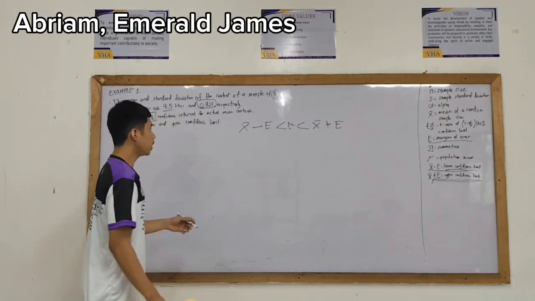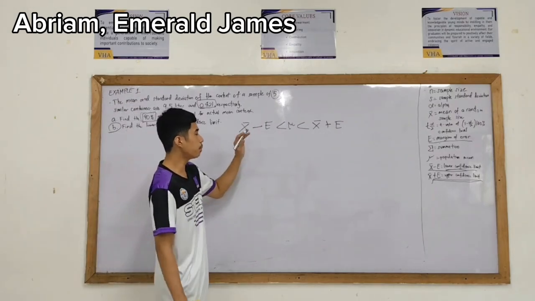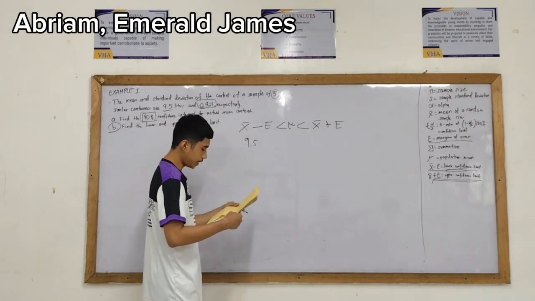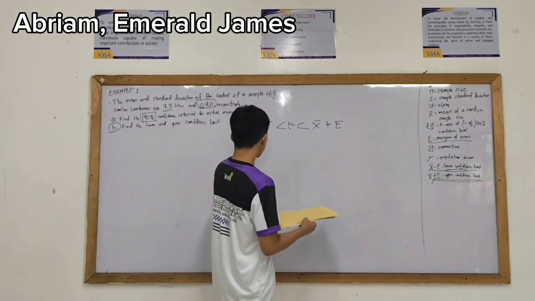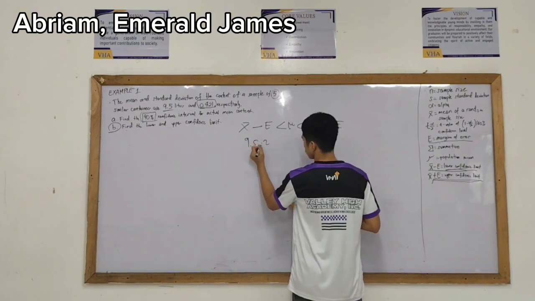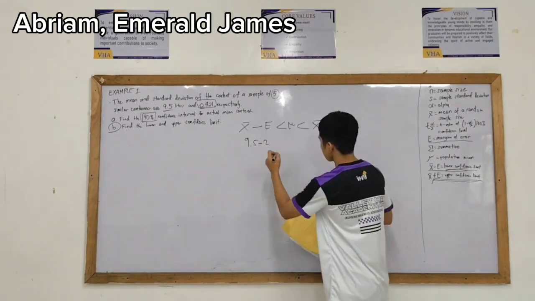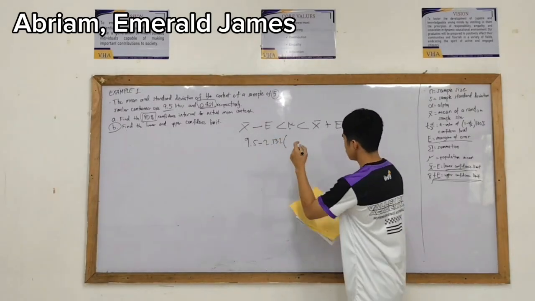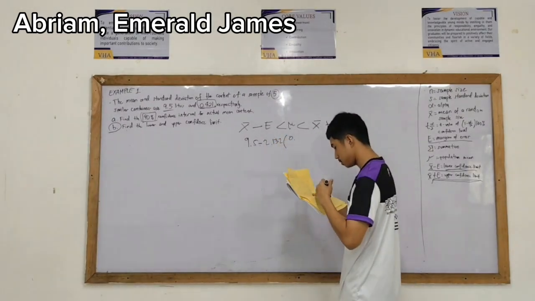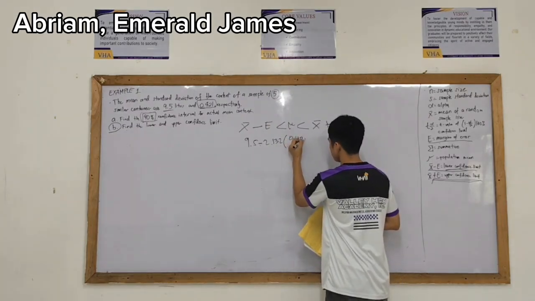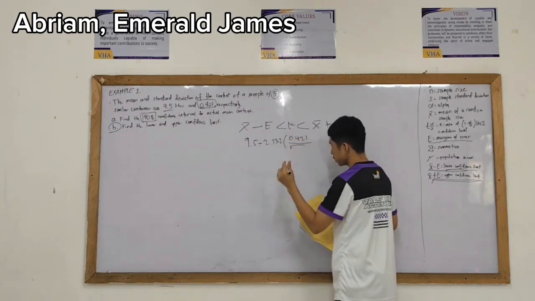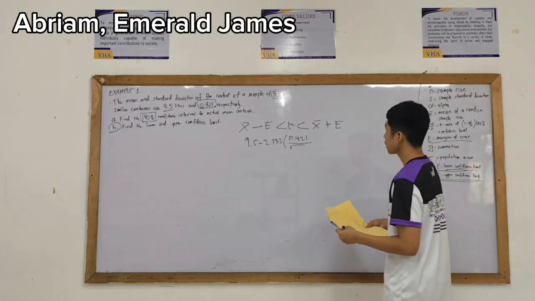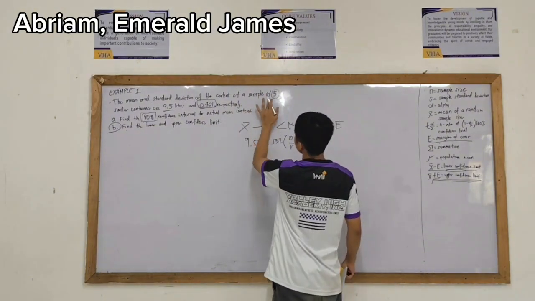So the value of the sample mean is 9.5. And the margin of error is 2.132 times 0.421 over the square root of our sample size, which is 5.